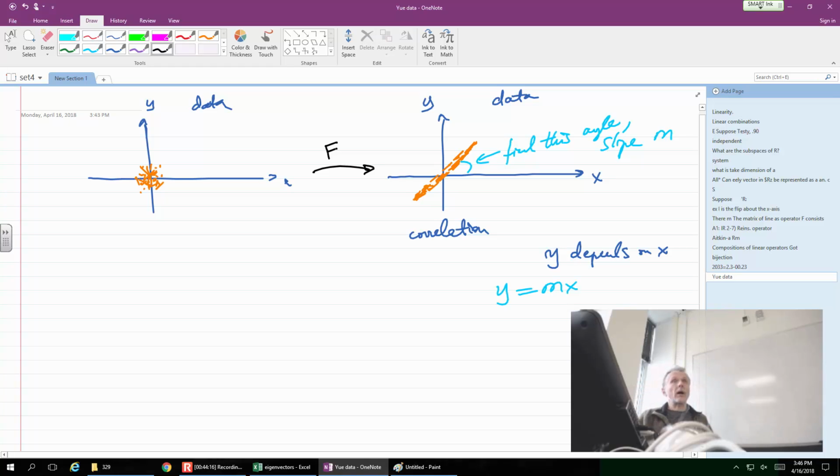Uncorrelated data on the left is transformed into correlated data on the right. Somehow, but probably at its simplest by some kind of linear operator.